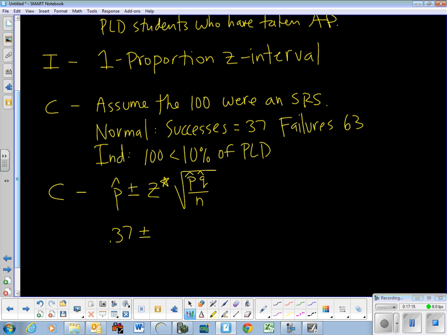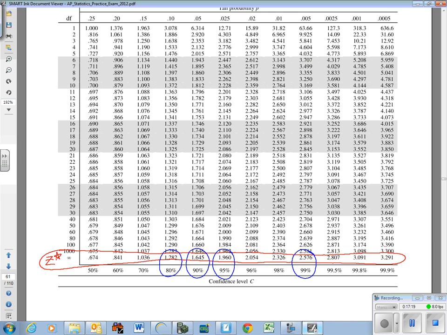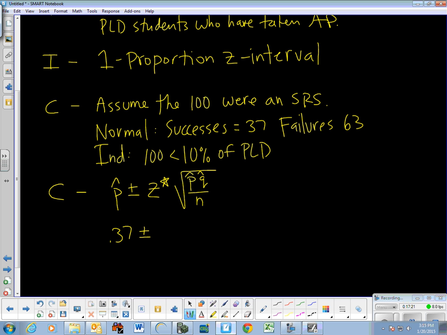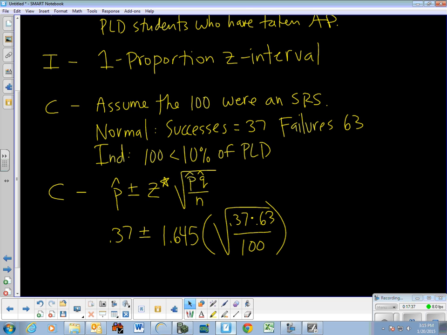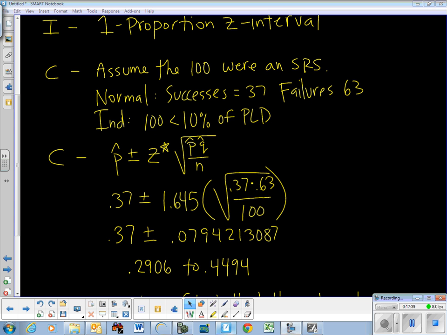Usually it will be 95, but it doesn't matter. If it's 90%, then my Z star value is 1.645. Square root 0.37 times 0.63 over 100. I'm going to magically zoom into the future where these numbers have been calculated. And there's that. All right, just some simple calculator work.